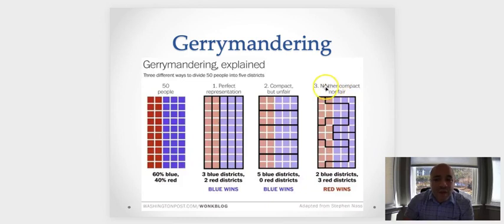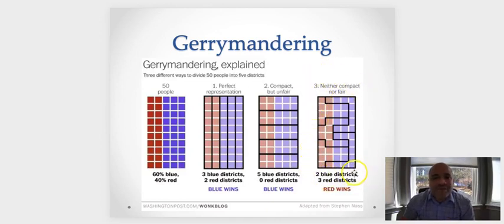Now this shape looks simplified, but if you look at any of the congressional maps of Illinois, of any state, you will see crazy looking congressional maps. And the reason they look that way is because the politicians are doing this.